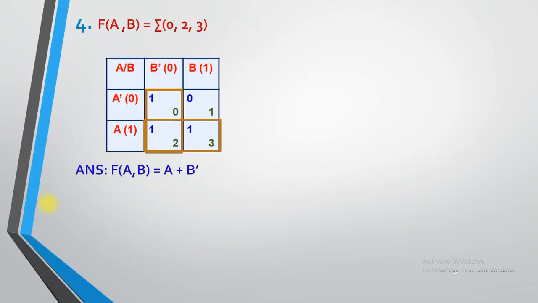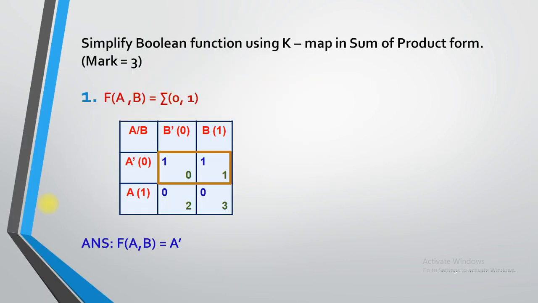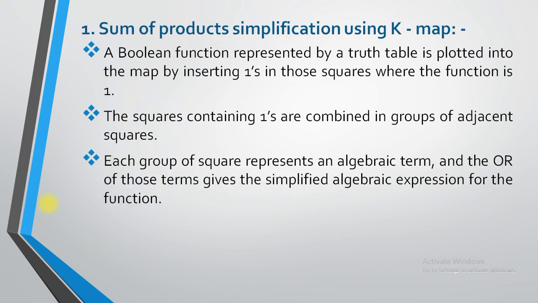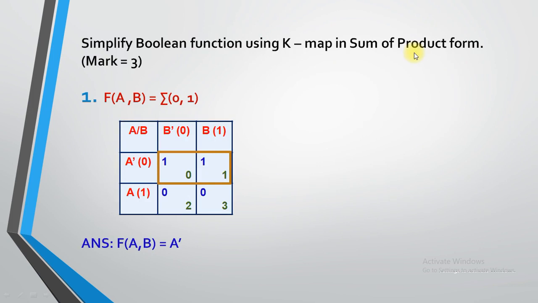In the previous session, we have started with the simplification of Boolean function using sum of product. To create a K-map, first of all, you need to draw a table.